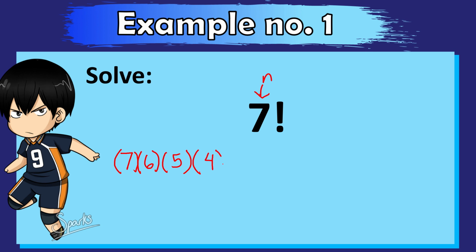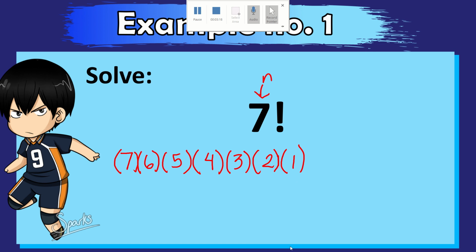times 4, times 3, times 2, and lastly, times 1. So, i-multiply lang natin mula doon sa 7 hanggang makarating doon sa 1 na number. Okay, so gagawin na lang again natin. Multiply na lang natin yung lahat.